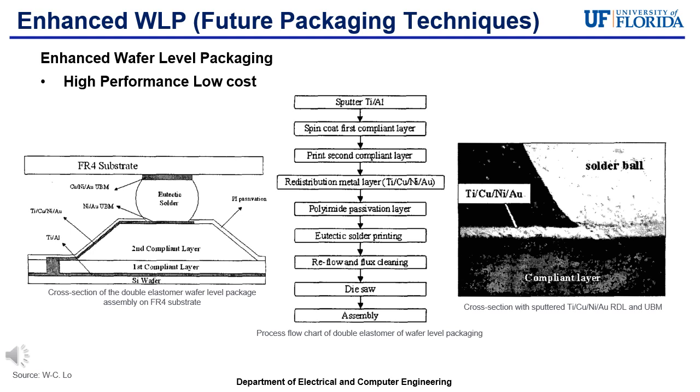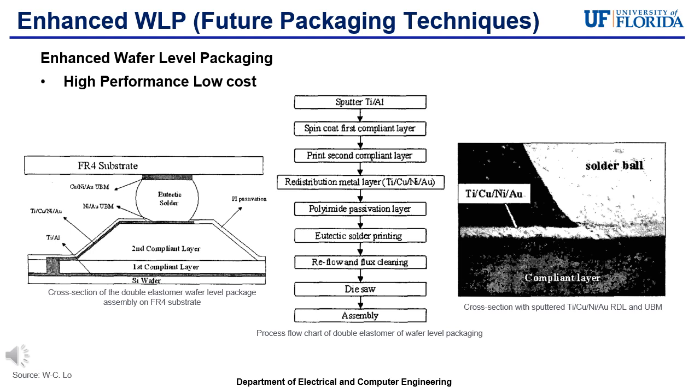The second compliant layer is then printed, followed by the sputtering of titanium and copper, and then electroplating of nickel with gold on it to construct a redistribution metal trace. A polyimide passivation layer is then spin coated on to protect the metal trace and define the solder ball pad that is printed on. After that, there's reflow and flux cleaning, and the process ends with a die saw and assembly.